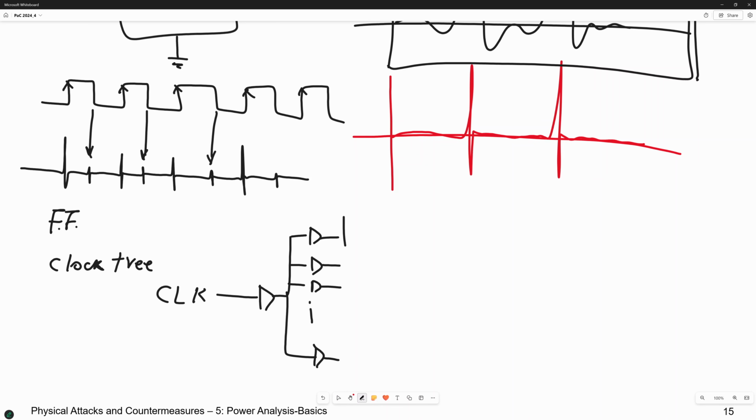And then each of these again connects to other buffers and so on. And then you connect the outputs of the buffers to the registers. For example, from each of them you get 8 fan-outs, and each one supports 8 flip-flops.